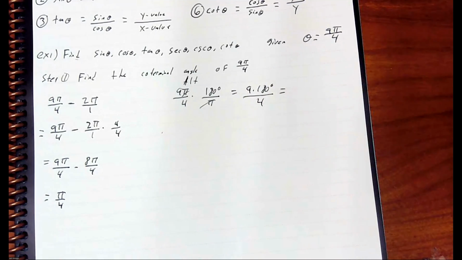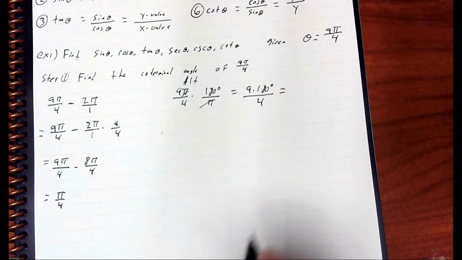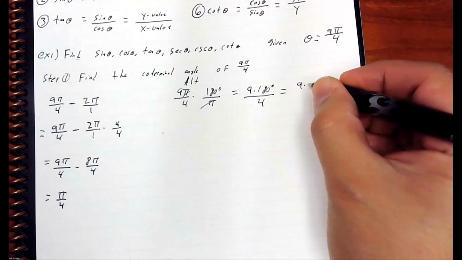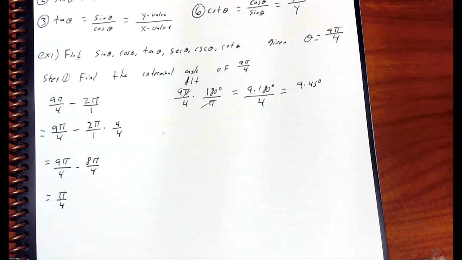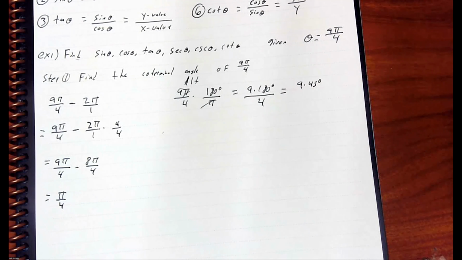What is 180 divided by 4? It'd be 45 times 9, right? So now we're in degrees. What is 9 times 45? 405?